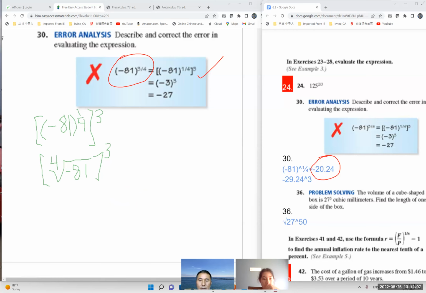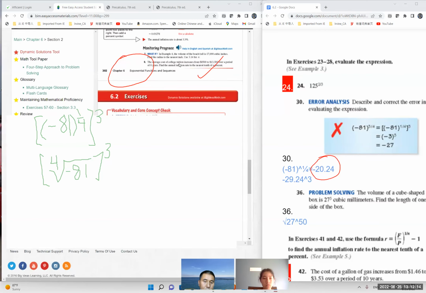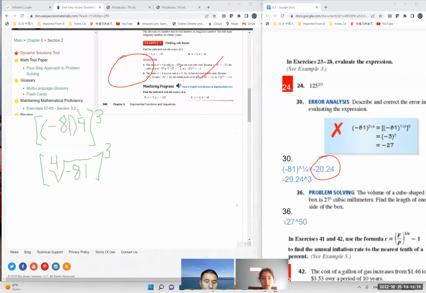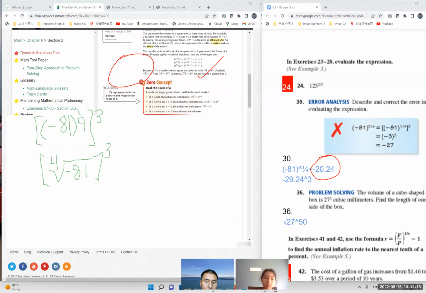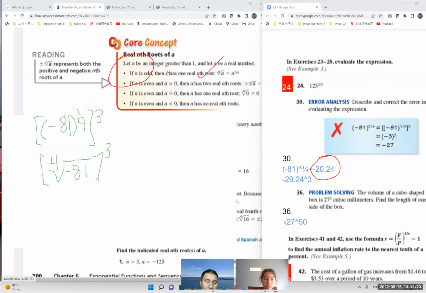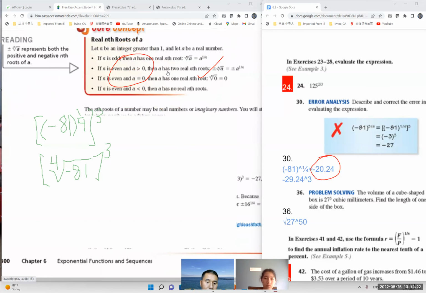Okay, so let's go to the core concept. Yeah, the core concept is here. You say it's the which case? Which case is it? A is less than 0.